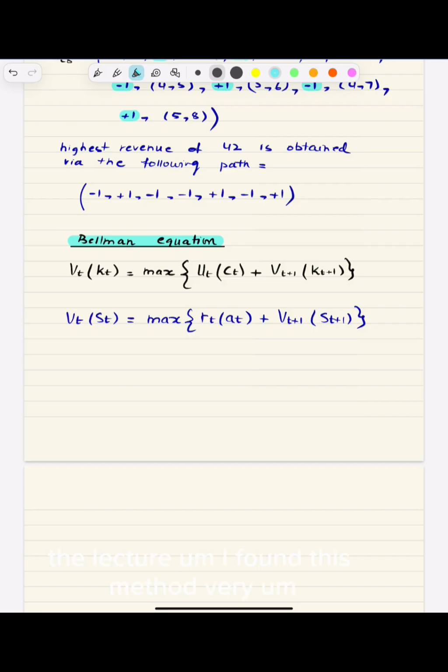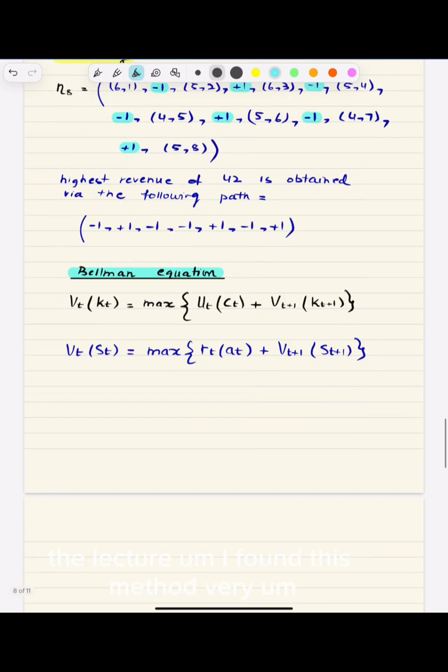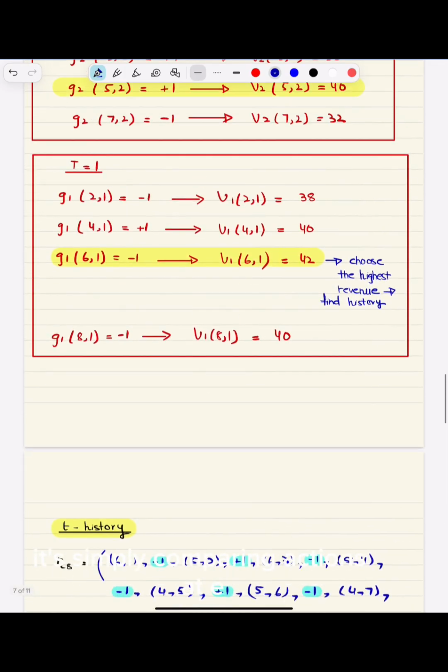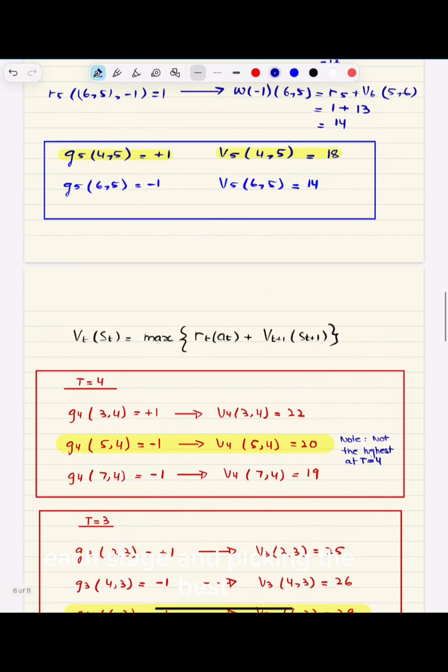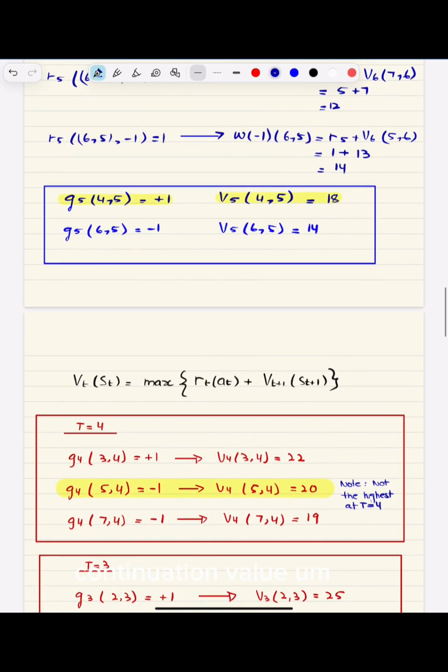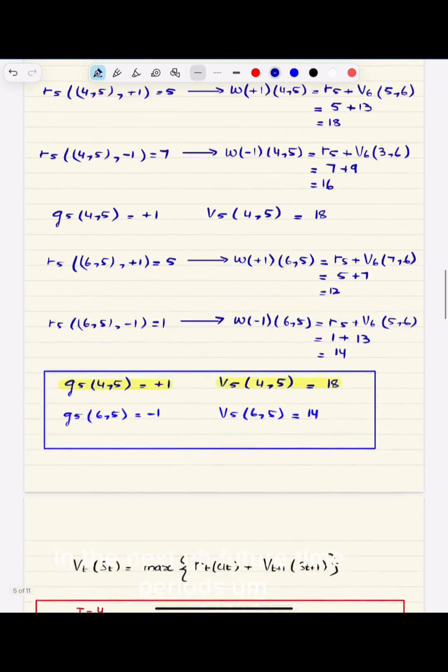I found this method very helpful in explaining the intuition behind the Bellman equation. Anyhow, this is the full intuition. The Bellman equation isn't magic. It's simply comparing actions at each stage and picking the best continuation value in the next future time periods.